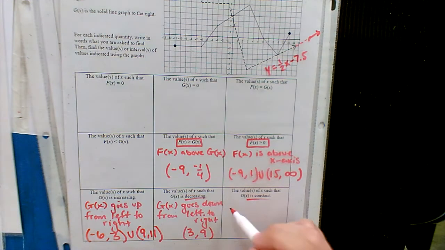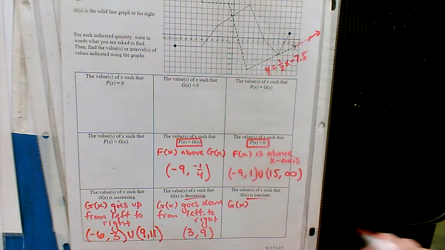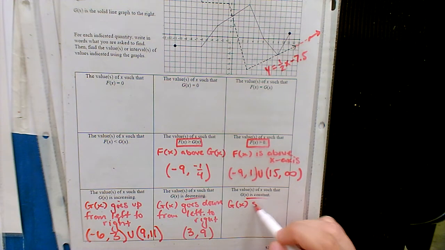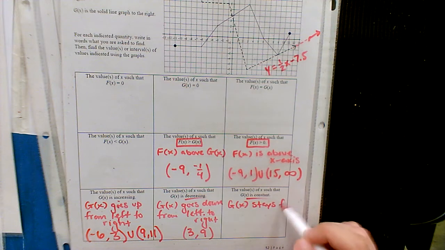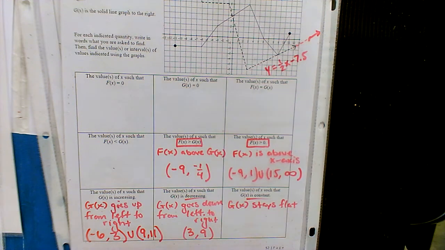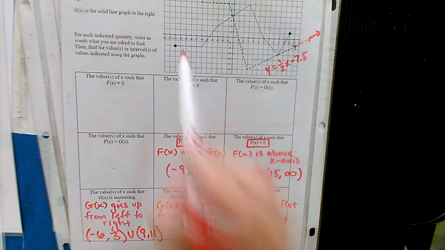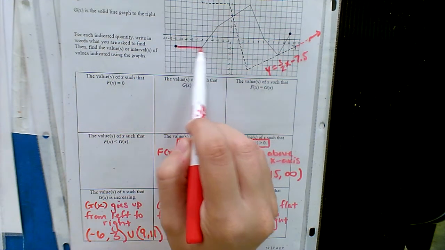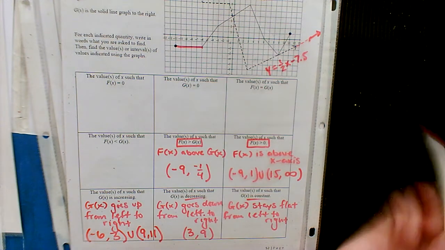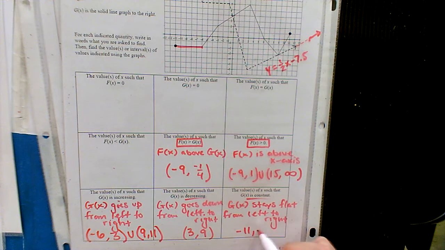All right, and the last one, g of x is constant. So g of x, I don't know, stays flat, stays straight, whatever wording you want to use, from left to right. So we just have that first interval and we go from negative 11 to negative 6. Parenthesis, parenthesis.